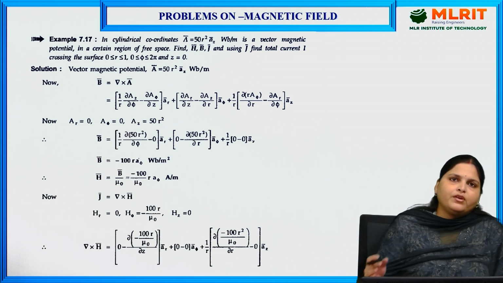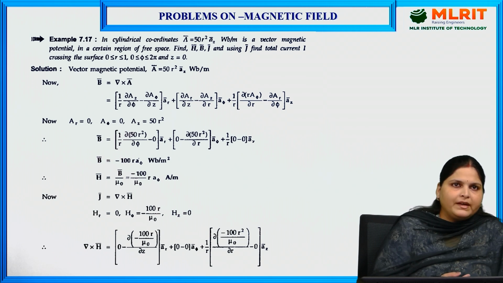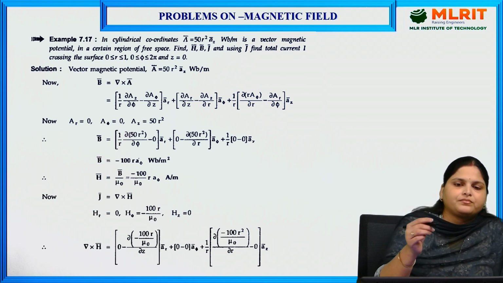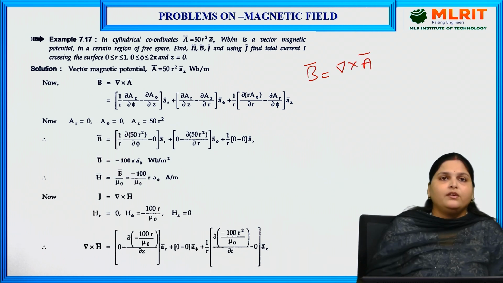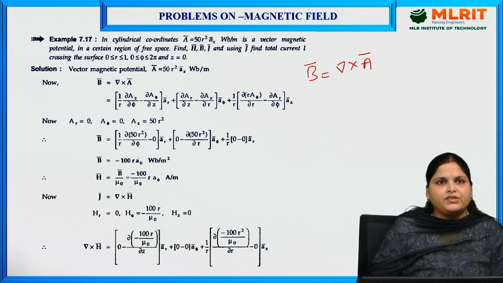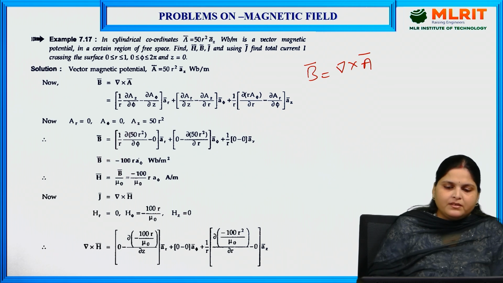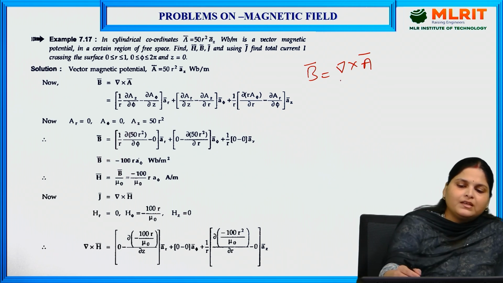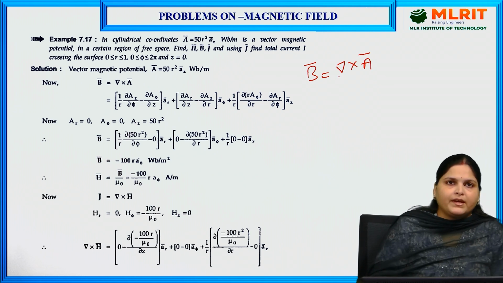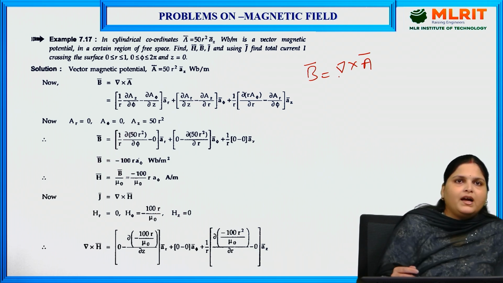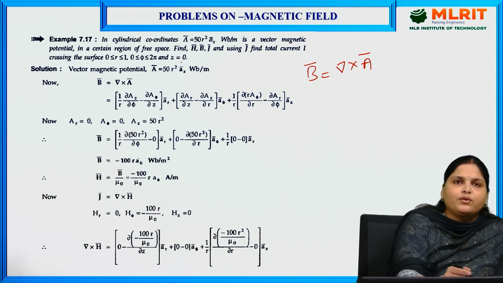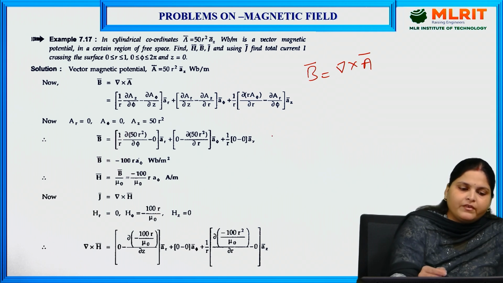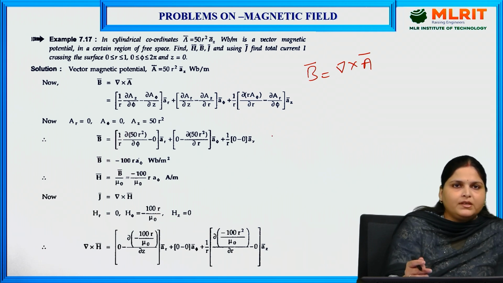So we already know the formula of vector magnetic potential as B is equal to del cross A, where A is the vector magnetic potential. Means we have to finally calculate the curl of A. And it is clear that it is in cylindrical coordinate system. So we will write the equation of curl of the vector.